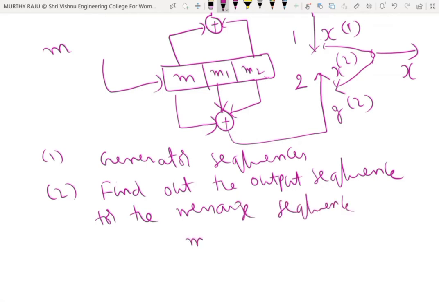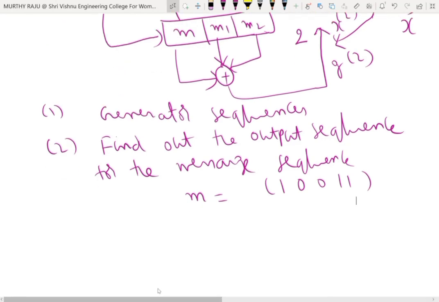The message sequence M is equal to 1, 0, 0, 1, 1. First one, answer.